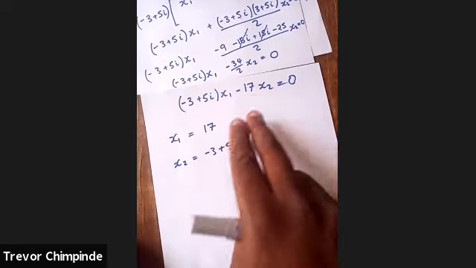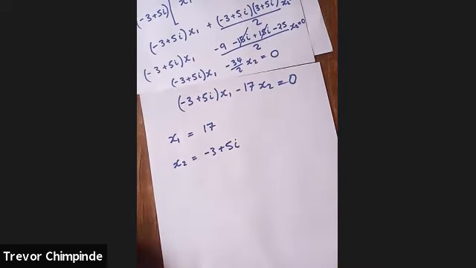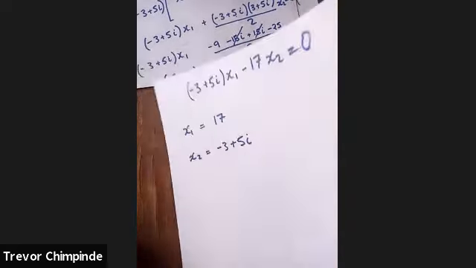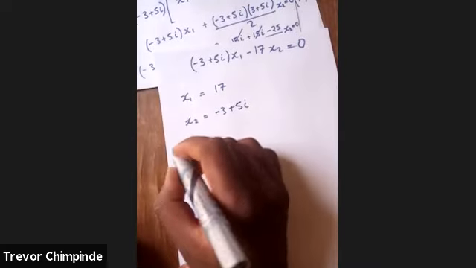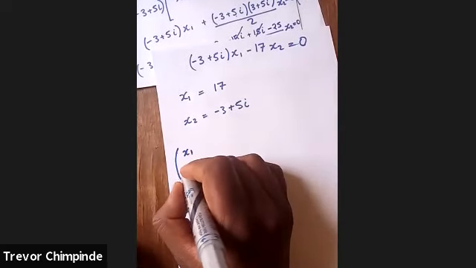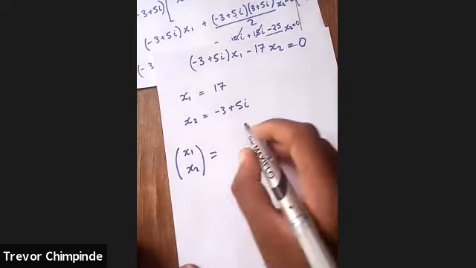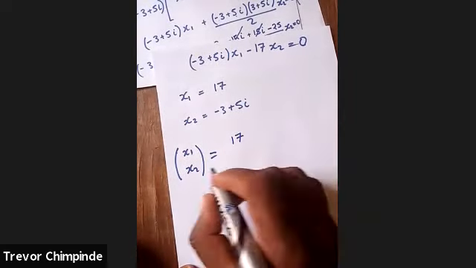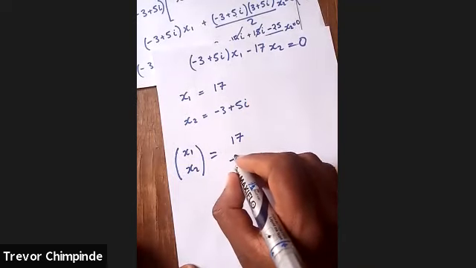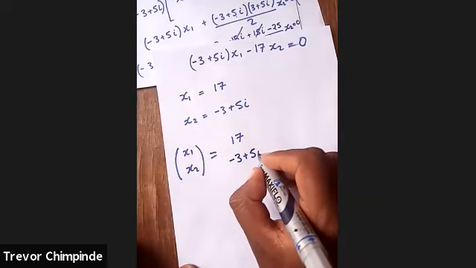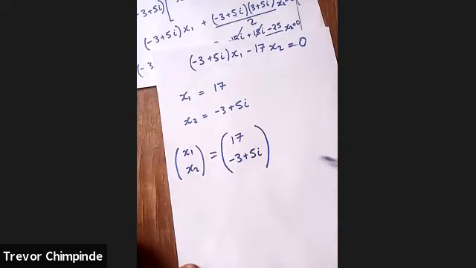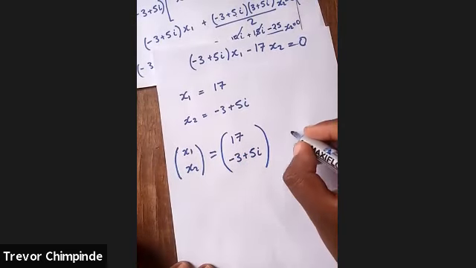There's a minus here, so this will give me 0, I'm assured. So x1, x2 is equal to, x1 is 17, and x2 is -3 plus 5i. And this is your eigenvector.